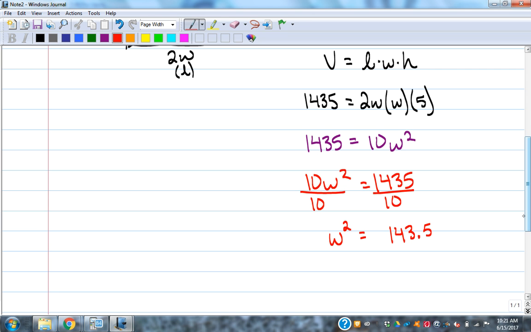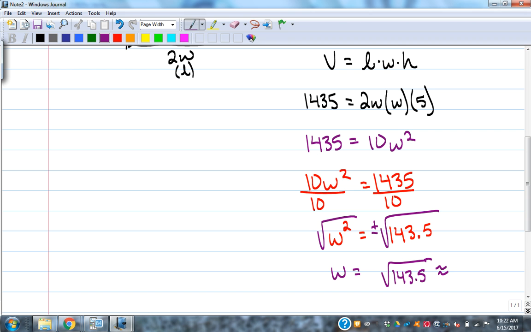And then how do we solve for W here? Well, to get rid of the squared, we would take the square root, right? So I'm going to take square roots of both sides. I'm going to get a decimal approximation.